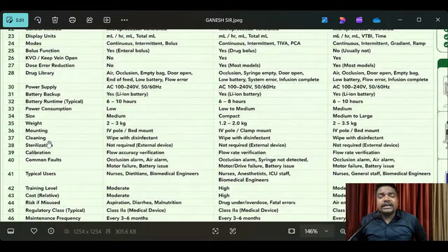The 37th point, I'm going to take the comparison key point, cleaning. Feeding pump, wipe with disinfectant. Syringe pump, wipe with disinfectant. Infusion pump, wipe with disinfectant. Infection control is very, very important, because we don't know what the patient has. So if a patient is available, before reaching the patient you should be careful and follow the ICU protocols.